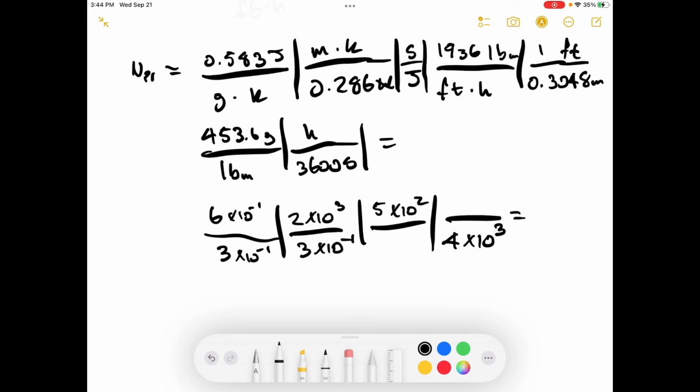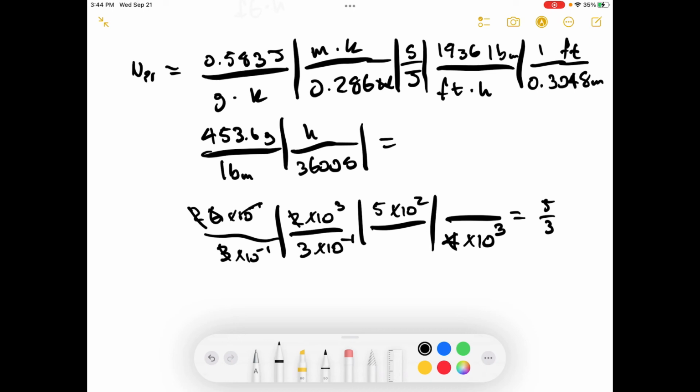This equals, let's see if we can do some cancellations here. Well, the 3 cancels with the 6 and gives us a 2, and then the 4 cancels with these 2's. And we're just left with a 5 over a 3. So 5 over 3, and then we'll figure out our order of magnitude.